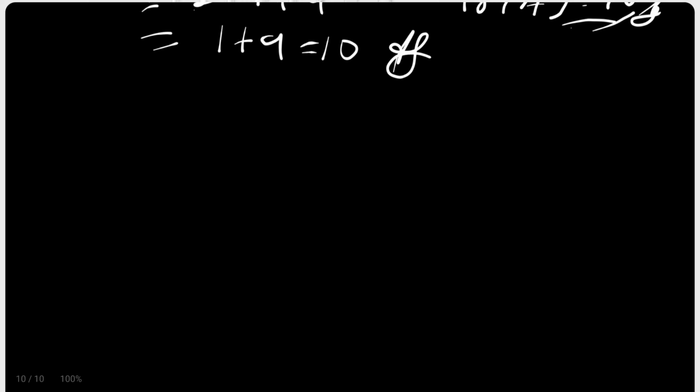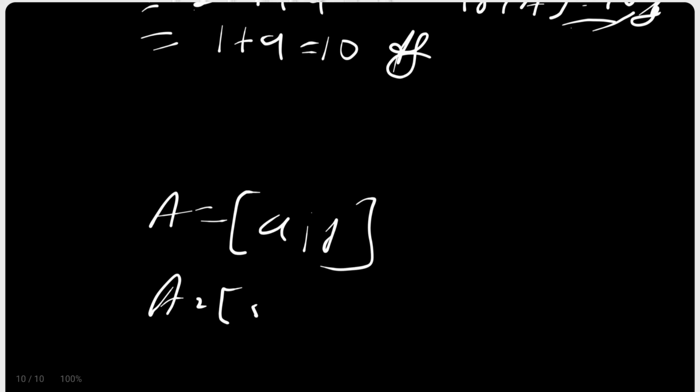So let's come to the topic. The trace is over, right? So what does this mean? A equals, A means nothing but i and j. Always we have to see i and j.